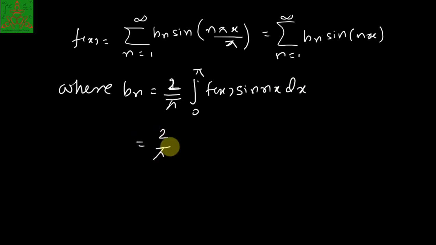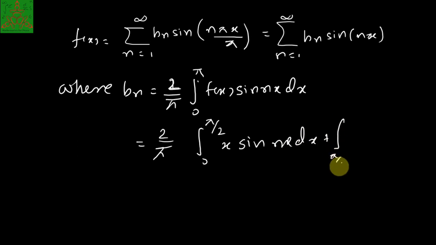So it is 2 by pi integration 0 to pi by 2, f of x in the interval 0 to pi by 2 is x sine nx, and plus pi by 2 to pi it is 0 dx, because in the interval pi by 2 to pi the function is defined as 0.